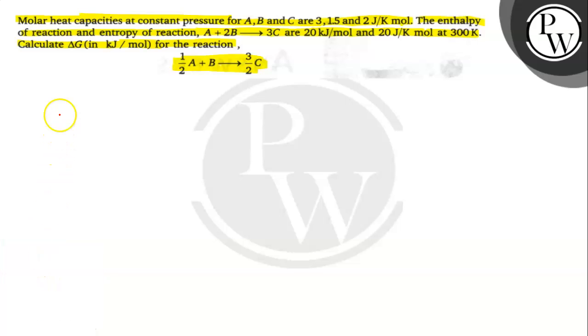Let's solve this question. First we'll write all the given data. What is given in the question? First, the molar heat capacities: Cp of A is 3, Cp of B is 1.5, and Cp of C is 2.